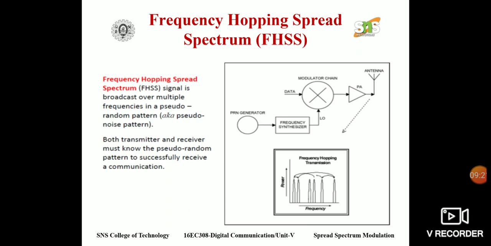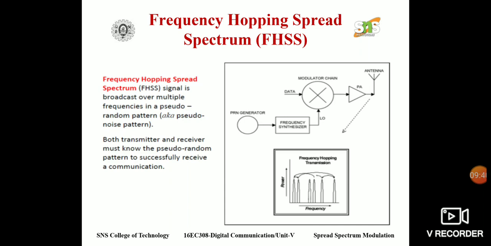In frequency hopping spread spectrum, the signal is broadcast over multiple frequencies in a pseudo noise pattern. Both transmitter and receiver must know the pseudo noise pattern for successful communication. This we already told in direct sequence spread spectrum itself.